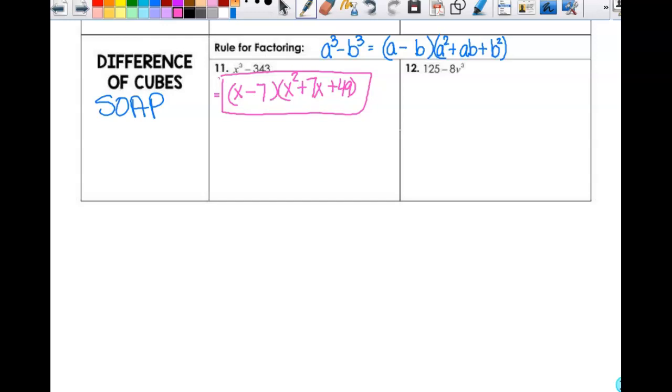And we should, all along, be looking for a GCF. There hasn't been any, but you always look for that first to simplify your life if it happens.